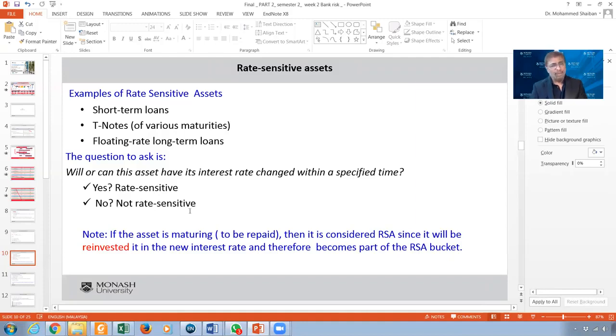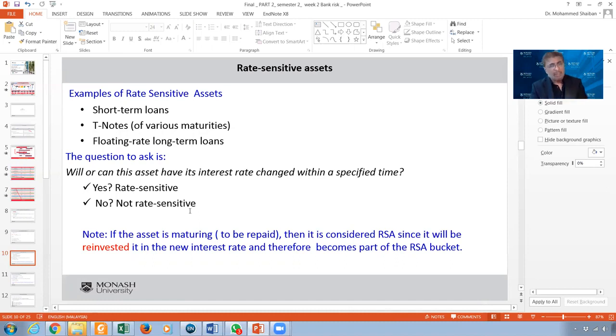Fine. Later on, I will show you, if I have a loan that will end in 2 years and it is fixed, and I'm trying to calculate the risk-sensitive dollar gap for those 2 years, if I put this in a bucket or horizon when it matures, then it becomes a risk-sensitive asset or liability, because when it matures it ends.